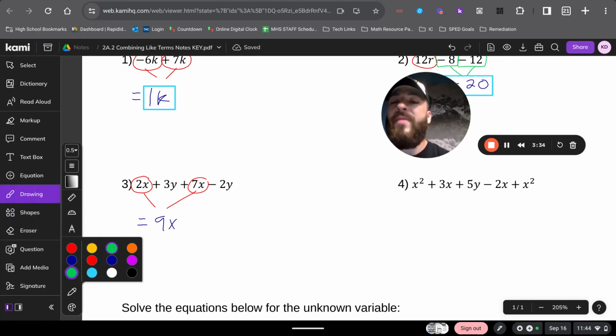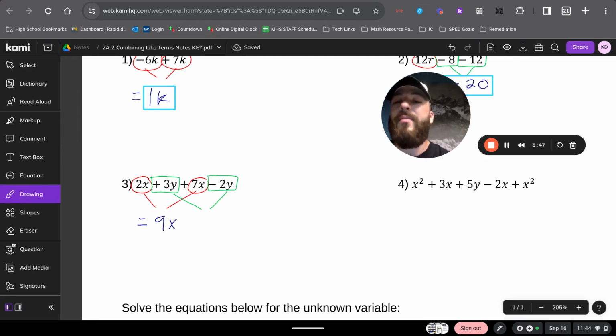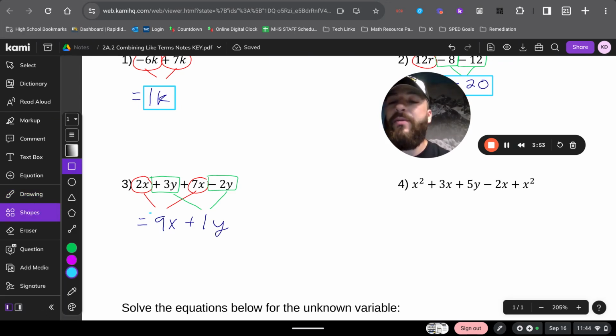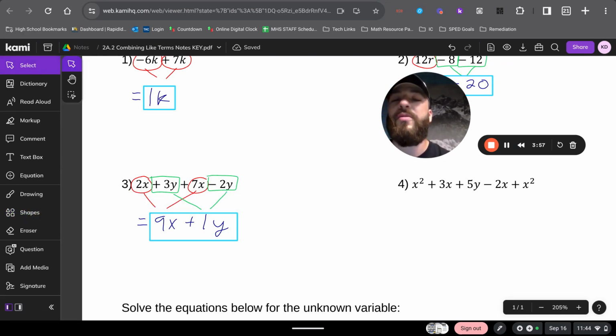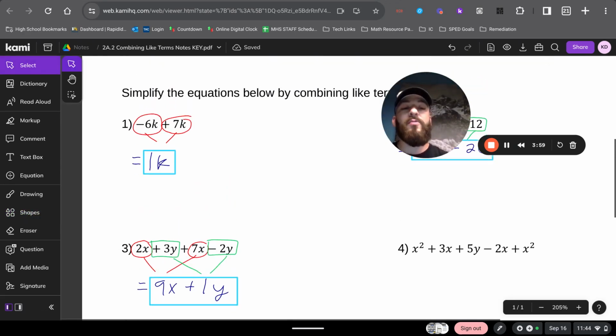And then my other set of terms, positive 3y and negative 2y, would combine to become positive 1y. And once again, once I've combined everything, I just have a single instance of each term. I know I'm going to be done with each of my questions.